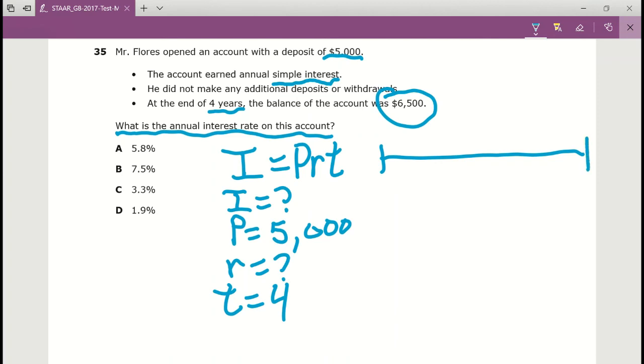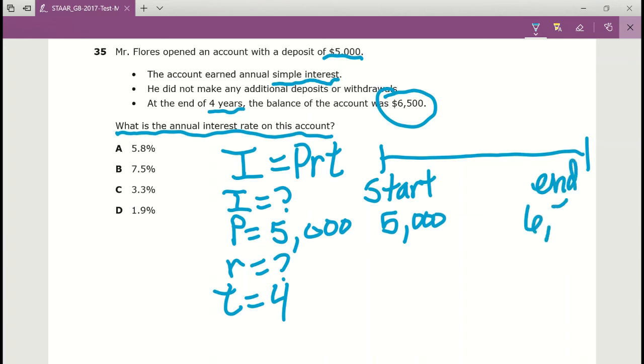At the start, we put $5,000 in. At the end of our 4 years, we have 6,500. And what we're looking for is by how much our money grew. That is our I, that's our interest.